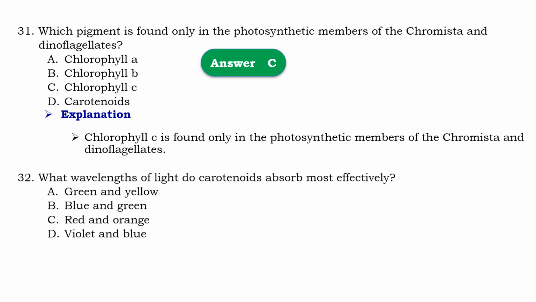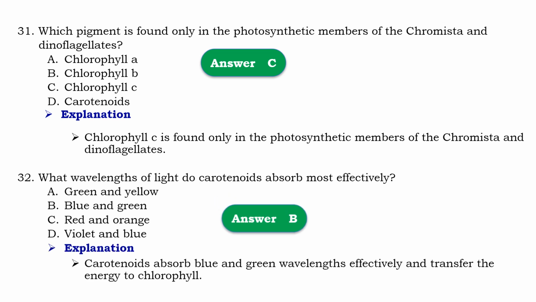Question number 32. What wavelengths of light do carotenoids absorb most effectively? carotenoids በአብዛኛው አብዞርብ የሚያደርጋቸው የትኛው ላይት ዌቭሌንግዝ ነው ይላል? So that should be B, blue and green. Means that carotenoid absorb blue and green wavelengths effectively and transfer energy to chlorophyll.